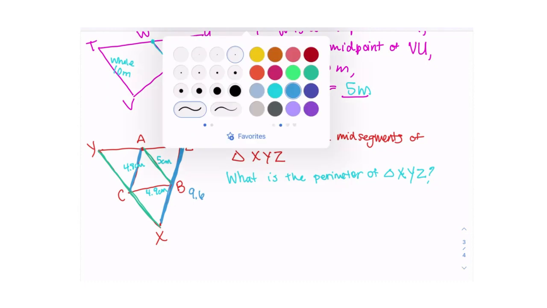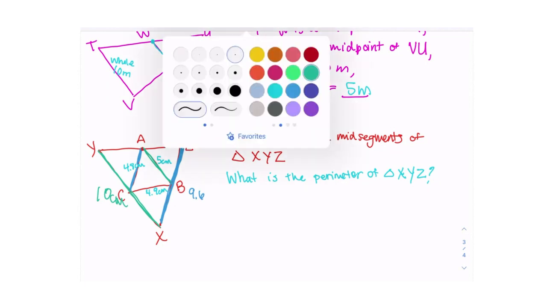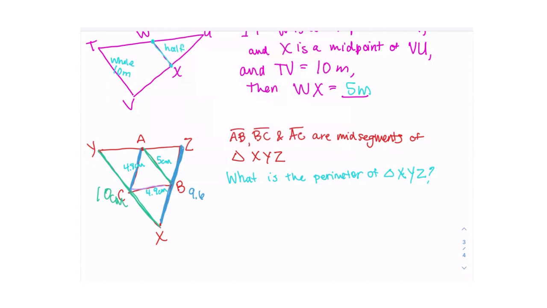And let me go back to the other color. This is 10 centimeters. And then the other one. And then if this is 4.9, and what you were saying again, Jackson, is that this little triangle right here, like the ABZ, that's the same size of triangle as the ABC, but then you're dealing with 4 triangles, and that's more complicated, and you don't need to do that so much.